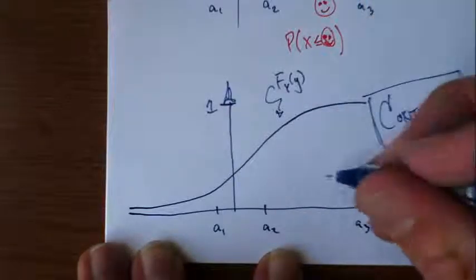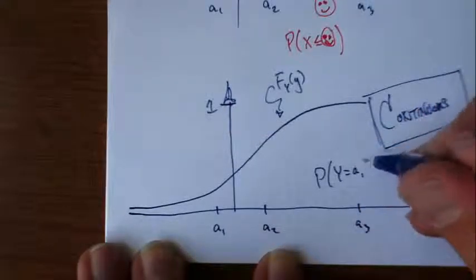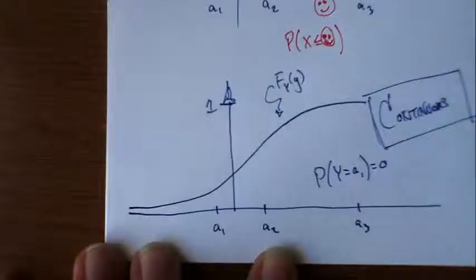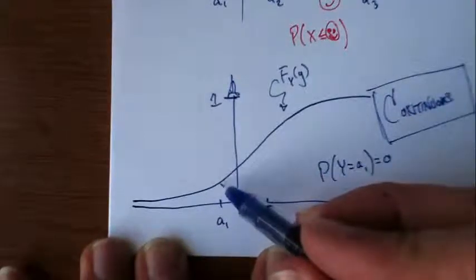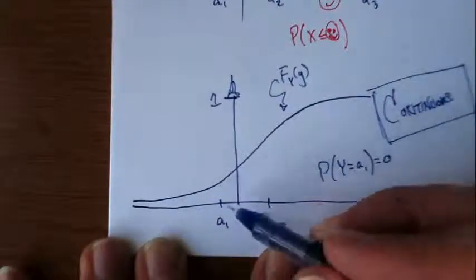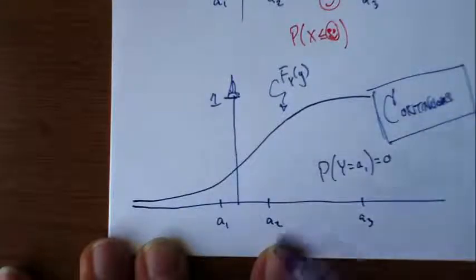In this case, the probability that this random variable Y equals A1 is clearly 0. It's 0 because it's really supposed to be the chance that it's less or equal to A1 minus the chance that it's strictly less than A1. If you take the difference of those two integrals, you get 0.